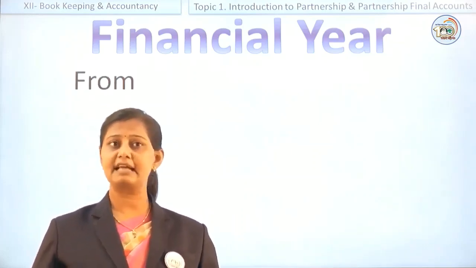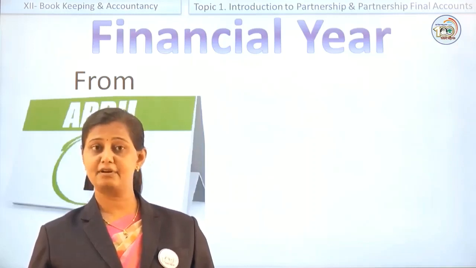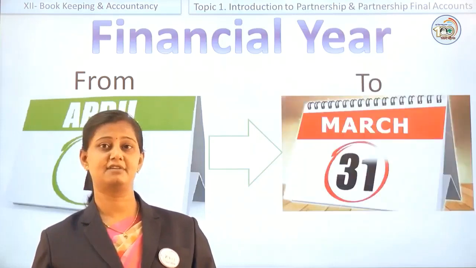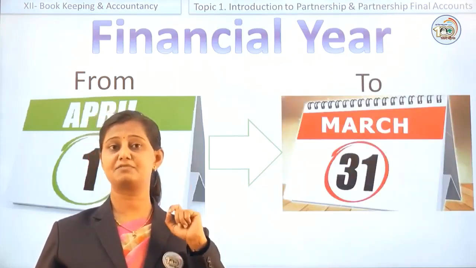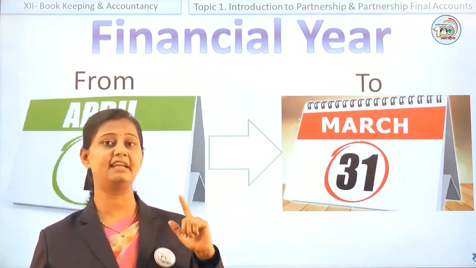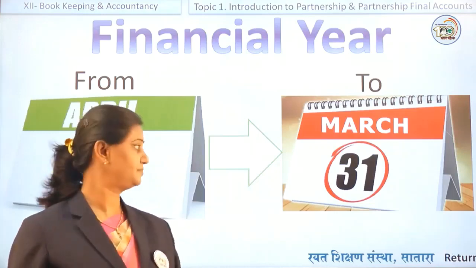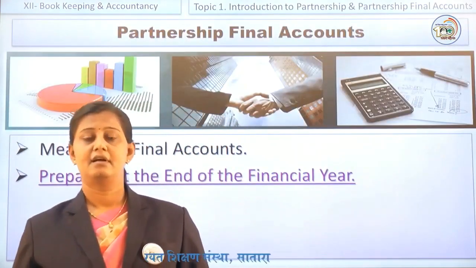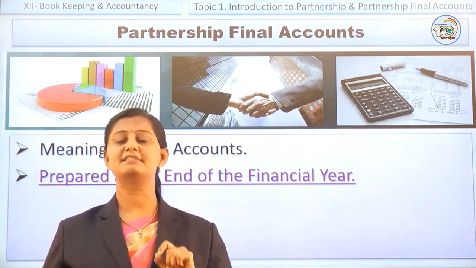As per the Income Tax Act 1961, the financial year starts from 1st April and ends on 31st March. For example, we take the financial year from 1st April 2019 to 31st March 2020. Preparation of partnership final accounts is the last step of the accounting cycle.